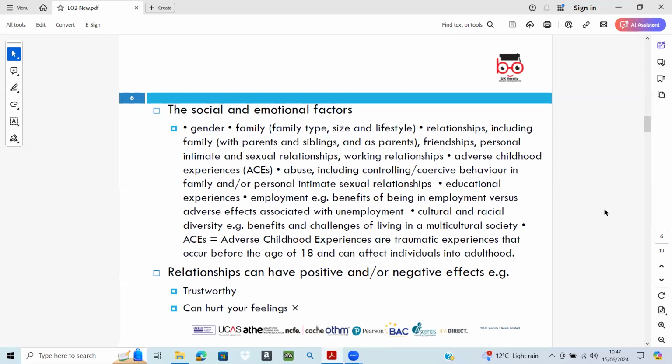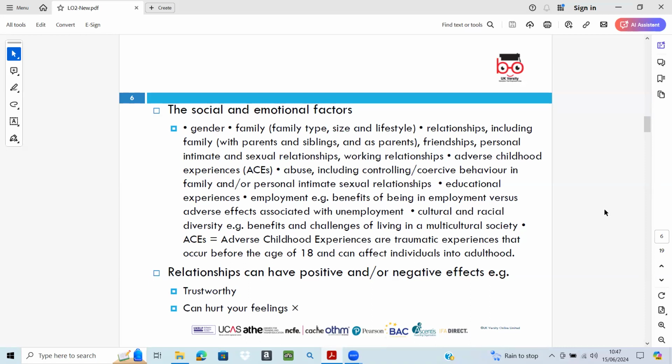We can say family relationships, friendship, personal, intimate, and sexual relationships. We have working relationships. They have positive and negative impacts. A trustworthy relationship fosters support, trust, love, and reliable companionship. While for the negative effects, we can say a troubled relationship can lead to stress, hurt feelings, and emotional pain.